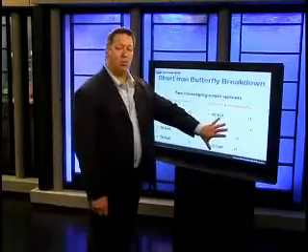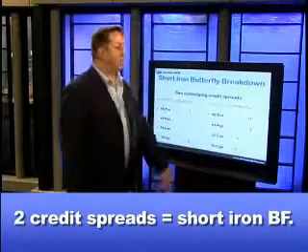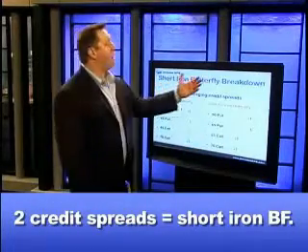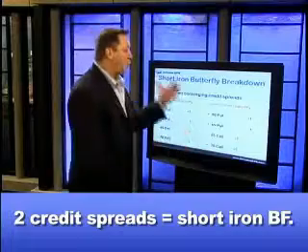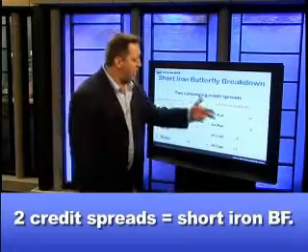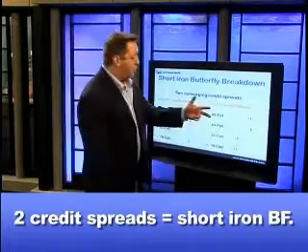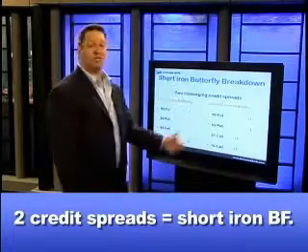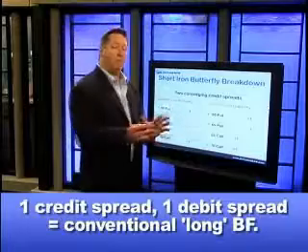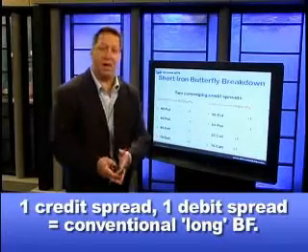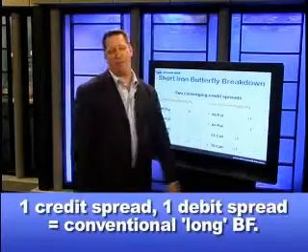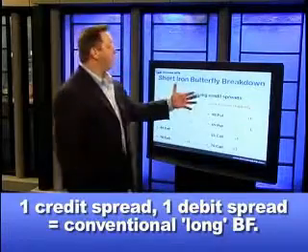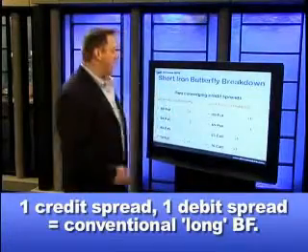We've got two credit spreads. This is why the short iron butterfly is a credit trade, because we've got two credit spreads. We're bringing in a credit off of both spreads. In our conventional butterflies, we're only picking up a credit on one of the spreads. We've got a debit on the other. So that's all it is. They are all synthetically identical.